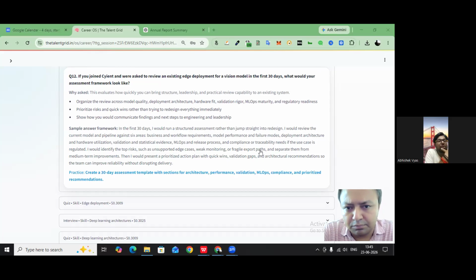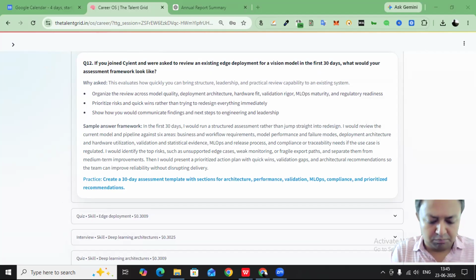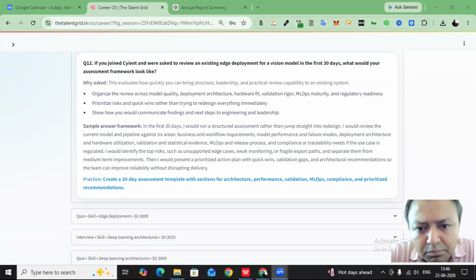Validation methodologies, what they consider acceptable. Then deployment architecture is where I would focus more: what the inference pipeline looks like, what the fault tolerance mechanism is, and scalability, how they have scaled it and what methodology they followed.